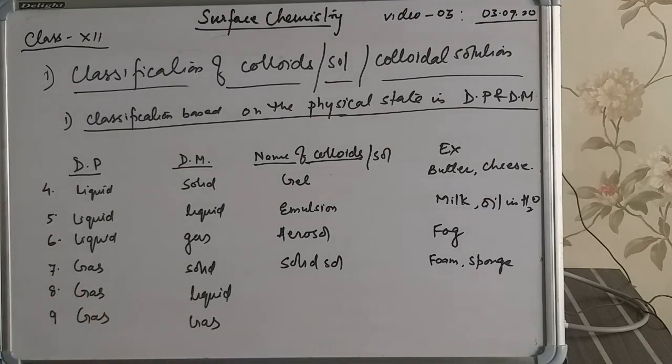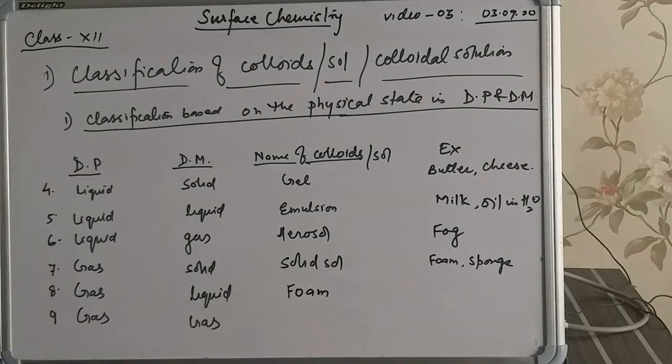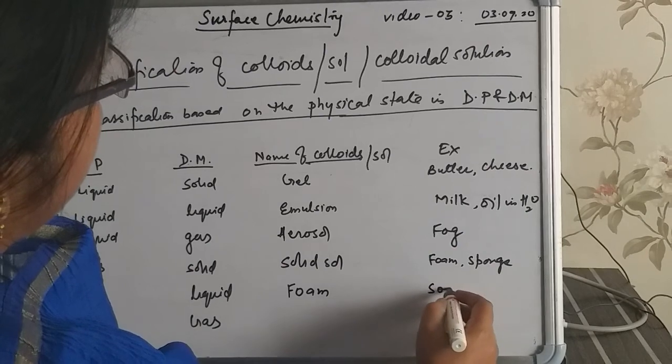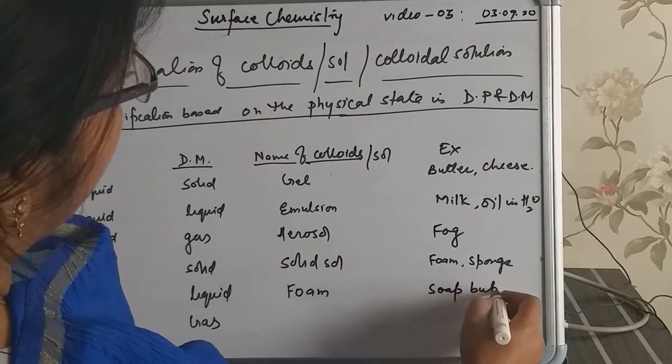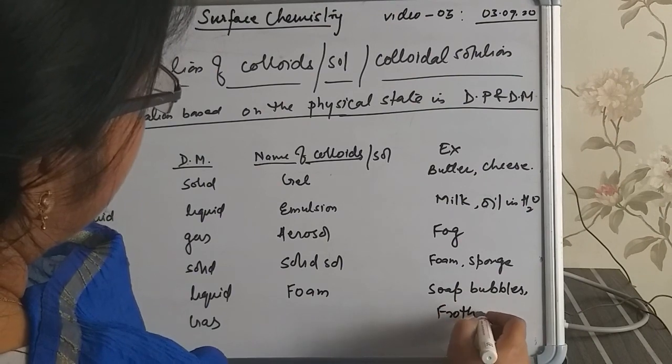When the dispersed phase is gas and the dispersion medium is liquid, the name of the colloid is foam, meaning froth, and the example is soap bubbles or froth.